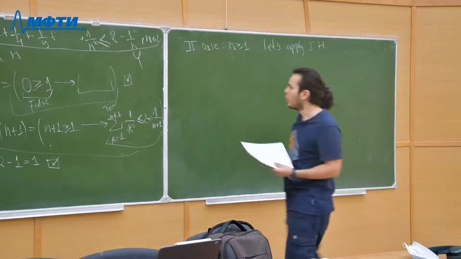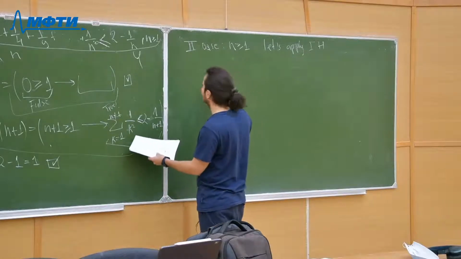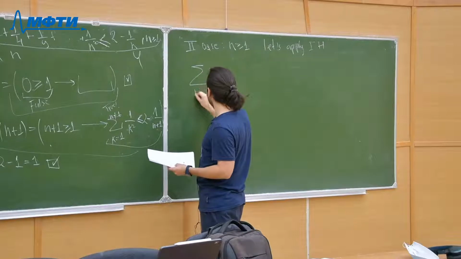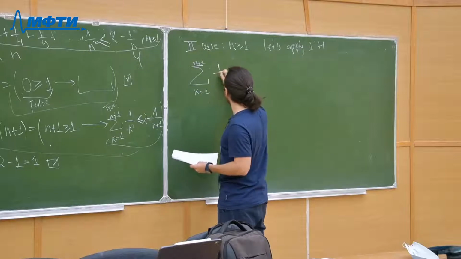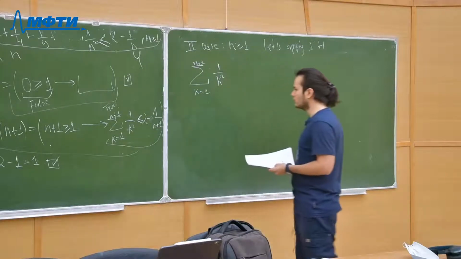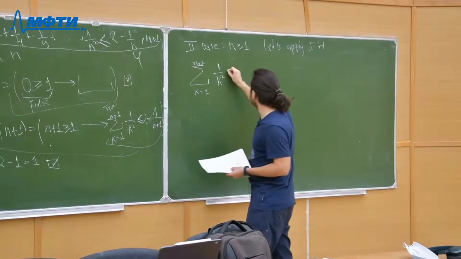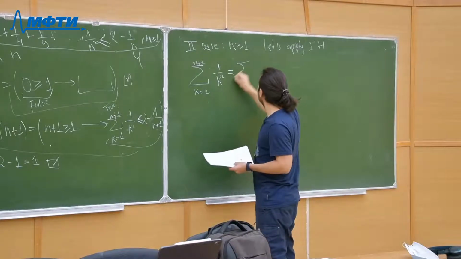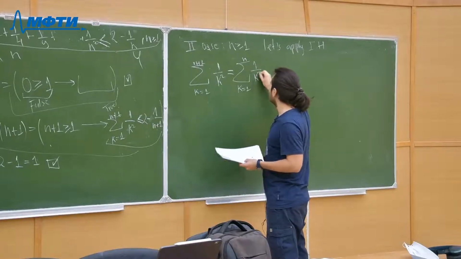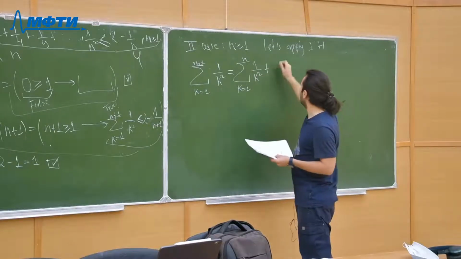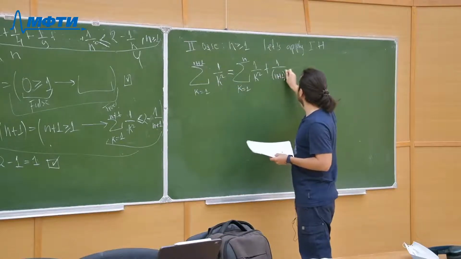We need to write the sum from k equals 1 to n plus 1 of 1 over k squared. We know that this is equal to the sum from k equals 1 to n of 1 over k squared plus 1 over n plus 1 squared.